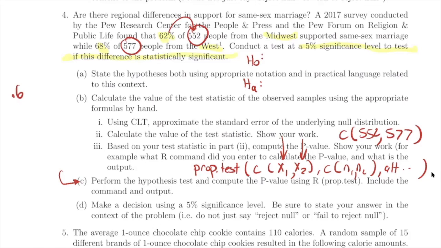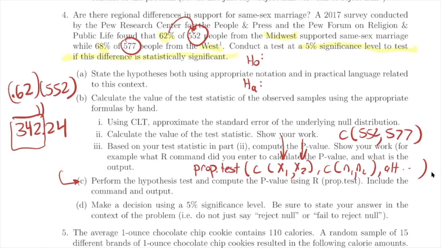If you take 62% of 552, what do we get? I don't know if you remember what you got for that. 342.24. Okay. So probably what happened was there were 342 people that said they support it, which came out to about 61.8%, and they rounded that up to 62%.